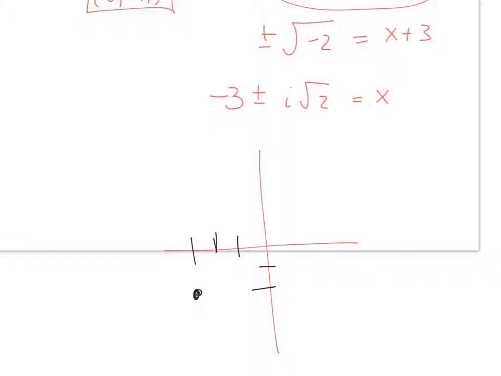Which way? Why? Why does it open down? A is negative. So look, draw a graph opening down. Are you going to have any x-intercepts when the graph opens down? No, you're clearly not. If the graph starts below the x-axis and opens down, you're not going to have any x-intercepts. That's the reason that your x-intercepts turn out to be imaginary.